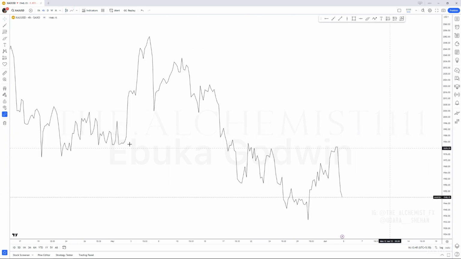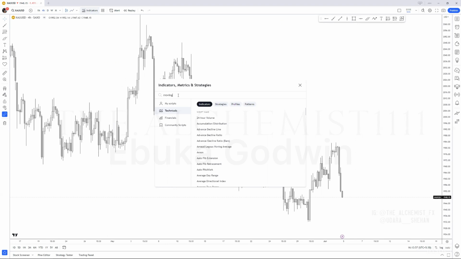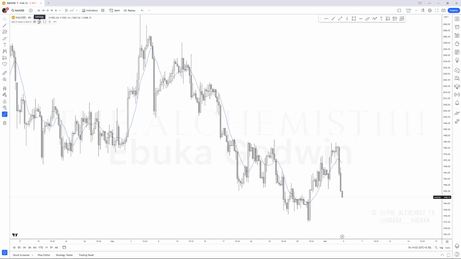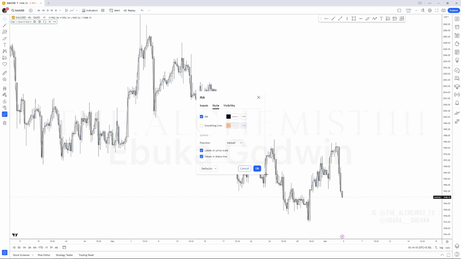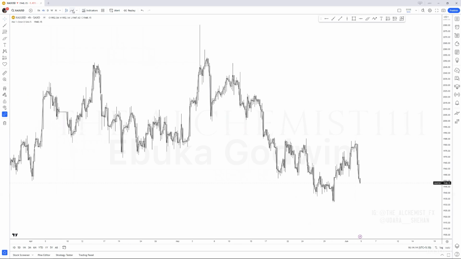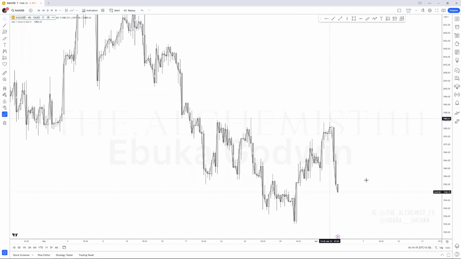If you don't want to switch back and forth from candlesticks to line chart, you could go to indicators, take the moving average, and set its length to 1. There you go. You have the line chart on the candlestick chart itself, both together.